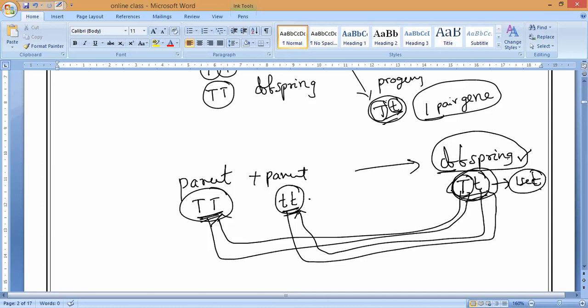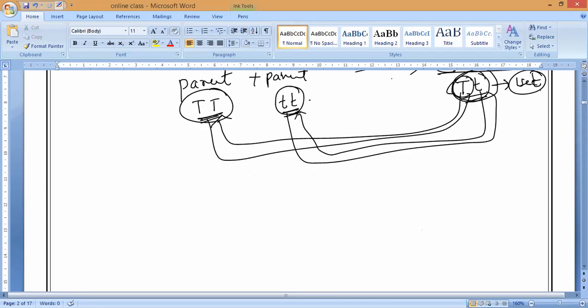So these genes are located on the pairs of chromosomes. Everything is located on pairs of chromosomes. So when a male gamete fuses with a female gamete during fertilization, they make a new cell. What is that cell called, guys?